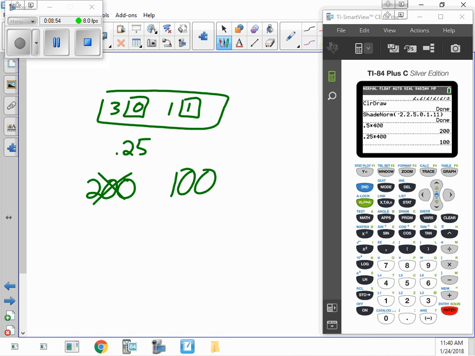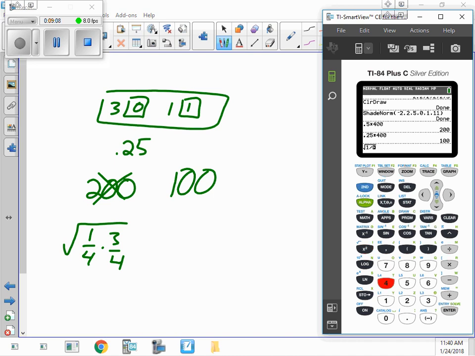Okay? The SD of the box, can we use the shortcut? Yes, 1 minus 0 is 1 times the square root of 1/4 times 3/4. So the square root of 1/4 times 3/4, not sevenths. So 0.43. What does that mean? The tickets in the box, on average, are 0.43 units away from 0.25.